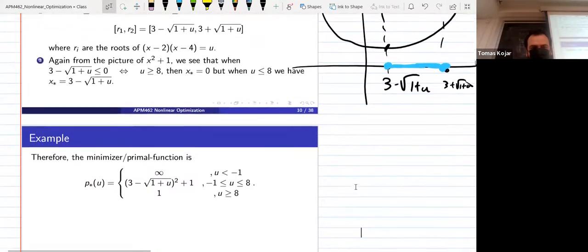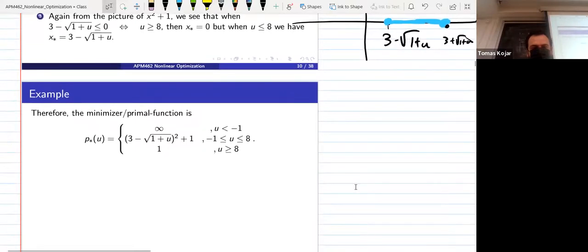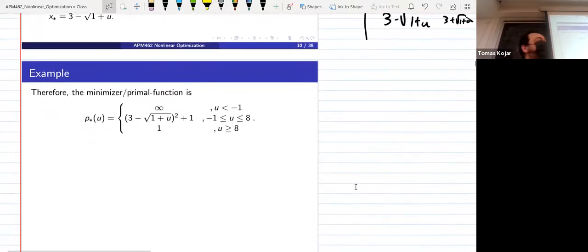Anyway, so you plug in these ranges and you plug in your minimizers, and this is plus infinity. Whatever, we'll see in the picture. Yeah, this is the function, and here's the picture.